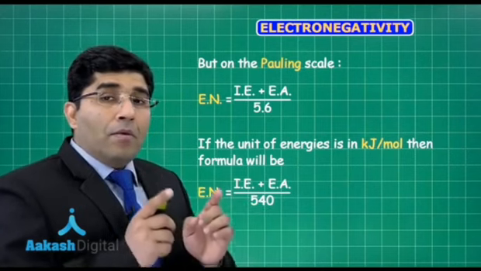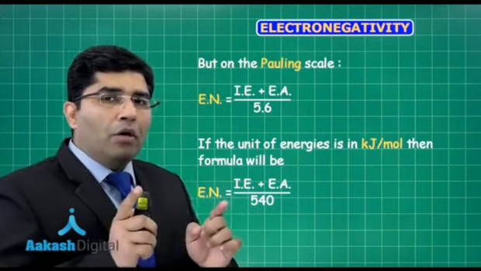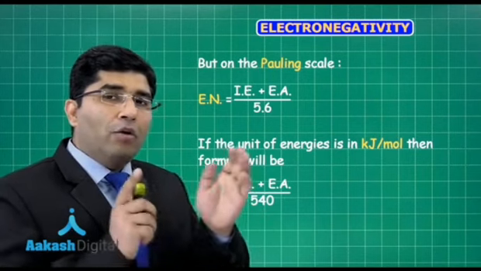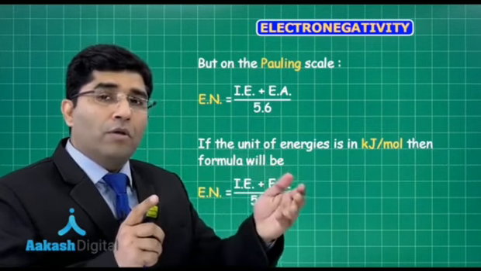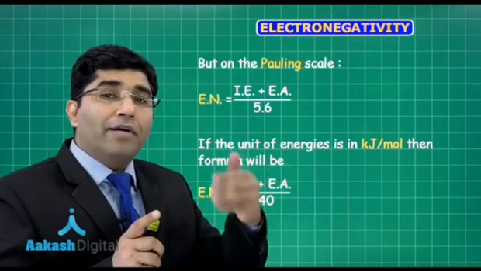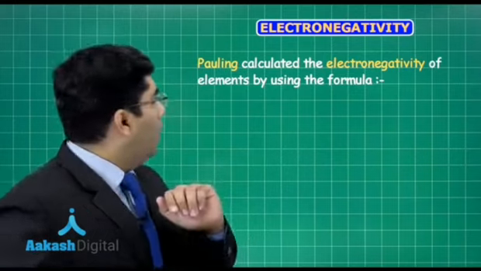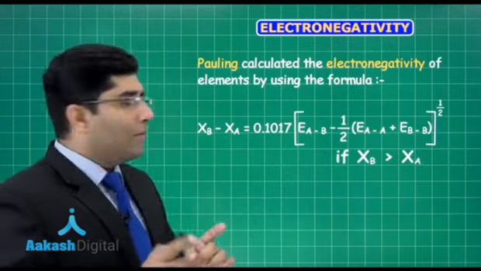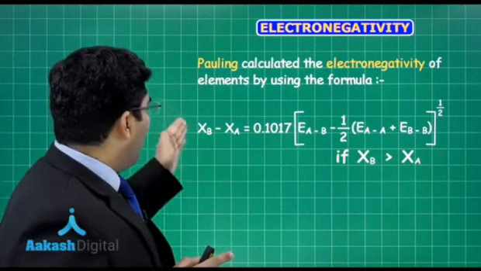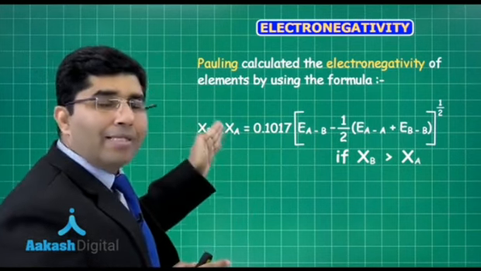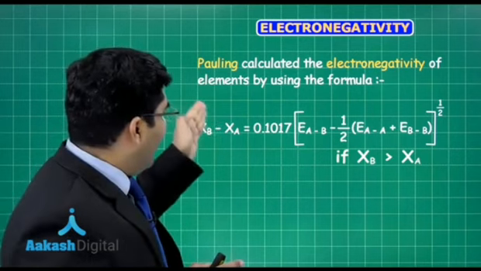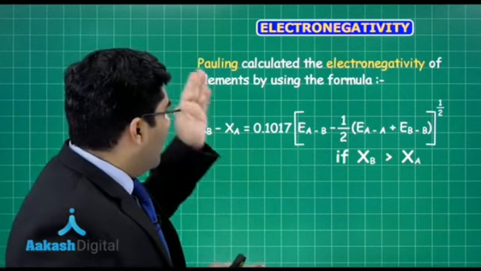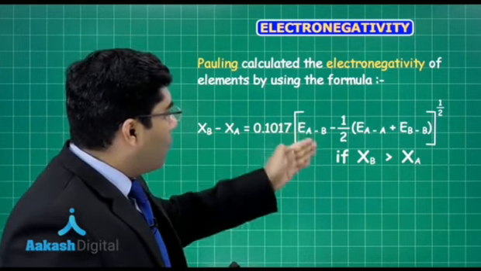Pauling used one more formula to find out the difference between the electronegativities, from where he got all these values of electronegativities of different elements. Which was the formula? The formula was XB minus XA, meaning electronegativity of element B minus electronegativity of element A is equal to 0.1017 times the square root of EAB minus half of EAA plus EBB.